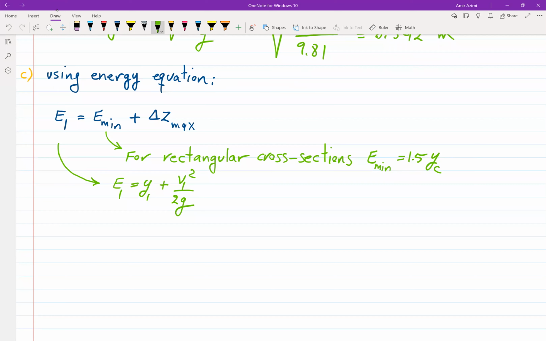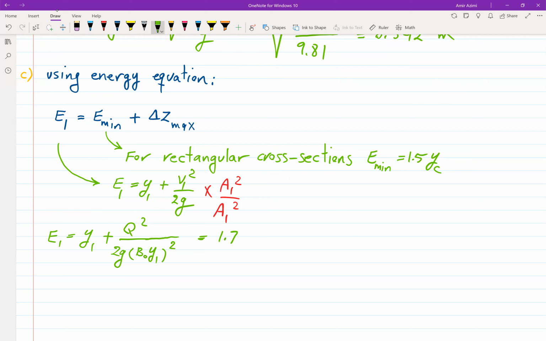So here I calculate E1 is equal to Y1 plus, and for V1 squared divided by 2G, what I do is I multiply that by A1 squared divided by A1 squared. So that gives me Q squared divided by 2G B0 Y1 squared.